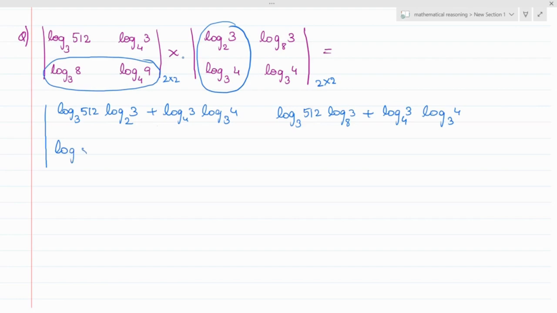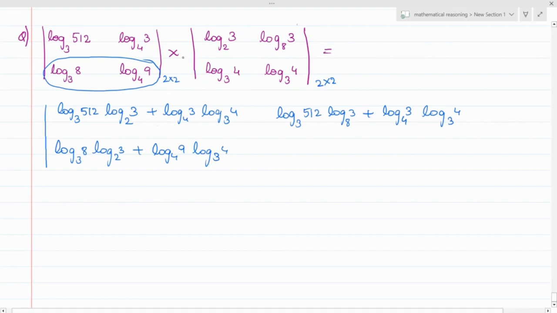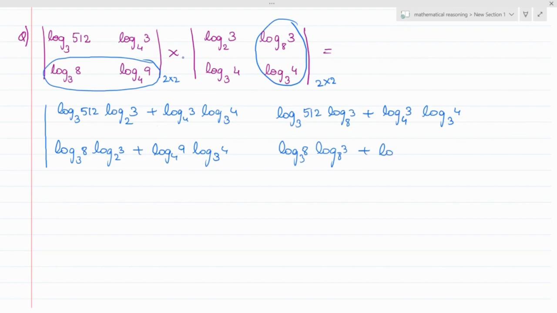So log 8 base 3 into log 3 base 2 plus log 9 base 4 into log 4 base 3. Now, second row with the second column. So log 8 base 3 into log 3 base 8 plus log 9 base 4 into log 4 base 3.